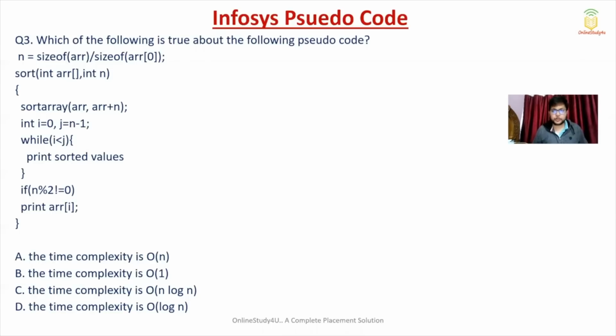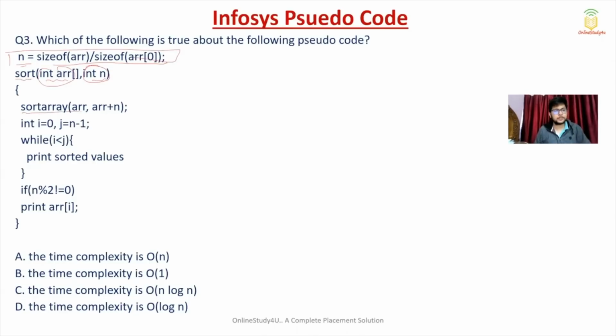Moving on to this question, which of the following is true about the pseudocode? I have a variable n which simply stores the size of the array. Then I have a sort function with int arr and int n: the array is passed and the size of the array is passed.